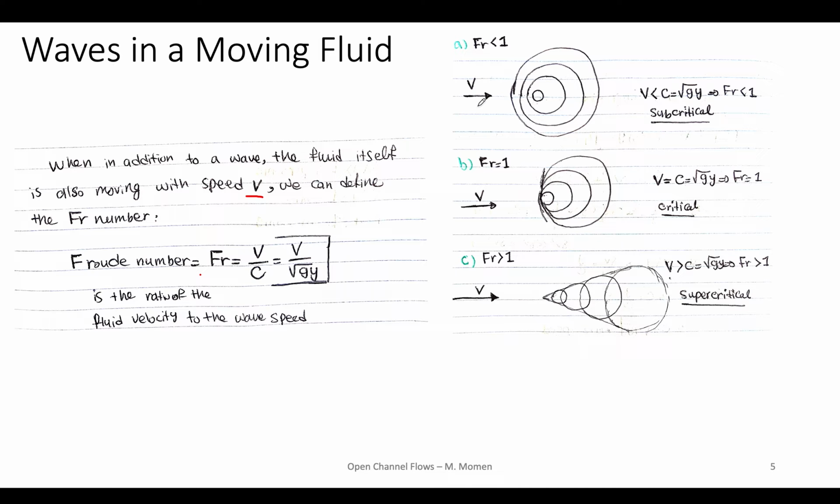So what that means is your velocity of the fluid is small. Just to give you an idea, you can think that you are here, moving with the fluid, and then you just create these waves, right?